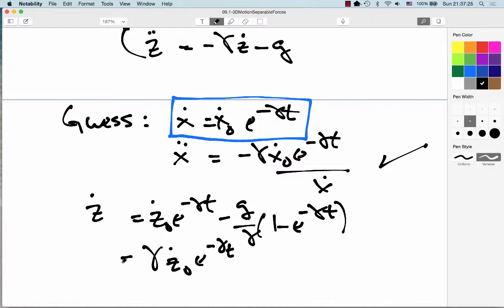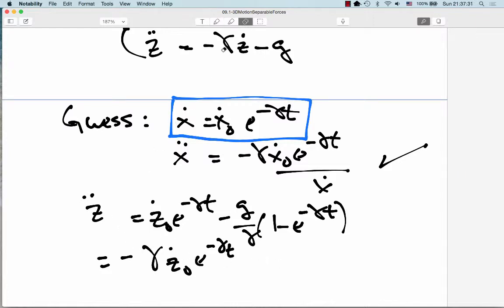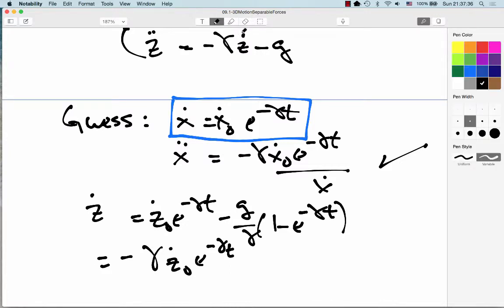I'm just working on the right hand side at the moment. Sorry, that's z dot there, my bad. Let me just go ahead and differentiate this, that'll be easier. Bringing down that, that's the first term.